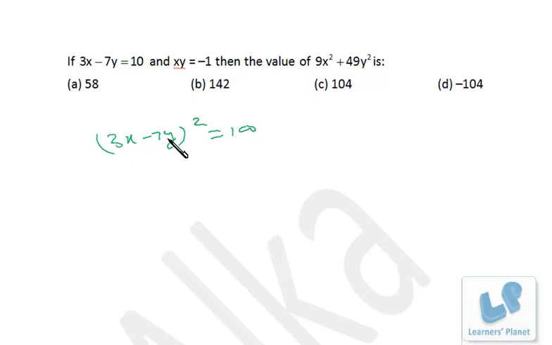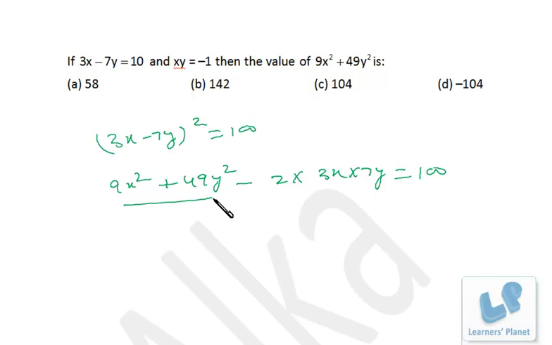So this is (a minus b) whole square, so that is a square plus b square minus 2ab, that is 100.